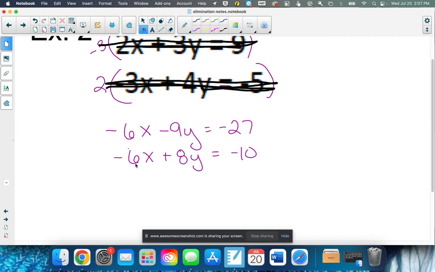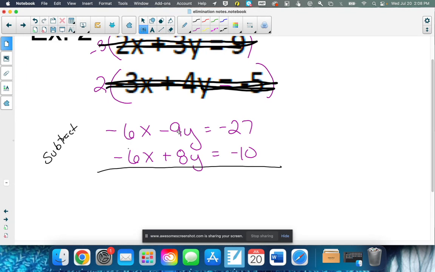So do I need to add or subtract in this case? Well, my x's match, same number, right? They're also the same symbol. What would happen if I added negative 6 and negative 6? I'd get negative 12. So I can't add them. I have to subtract. So negative 6 minus negative 6 is gone. That is a 0 pair.